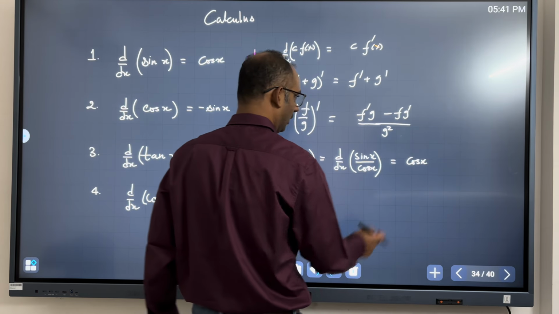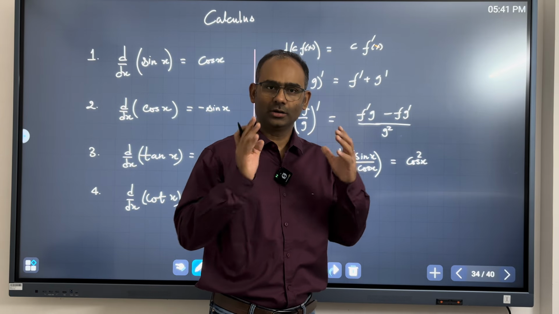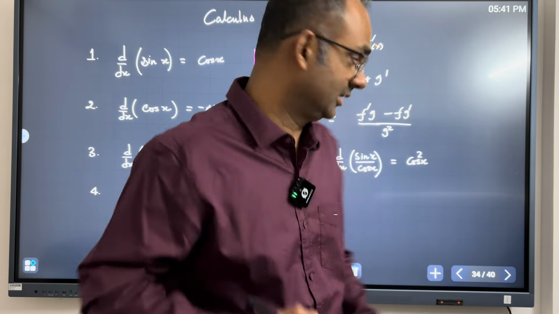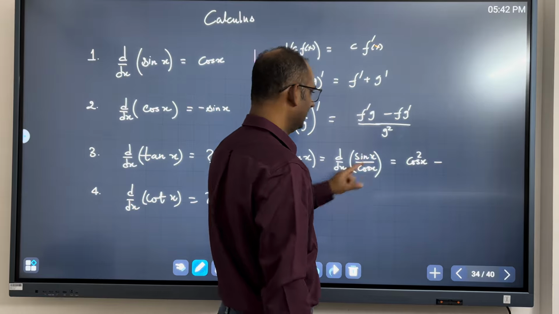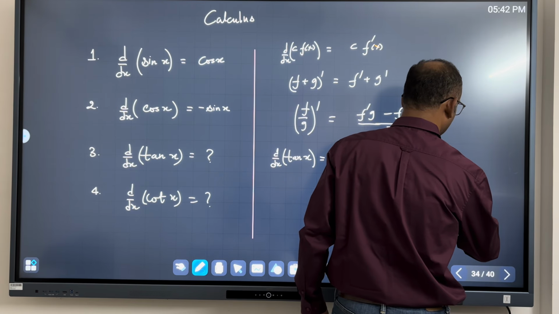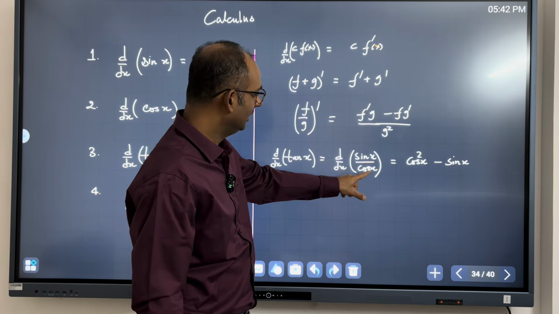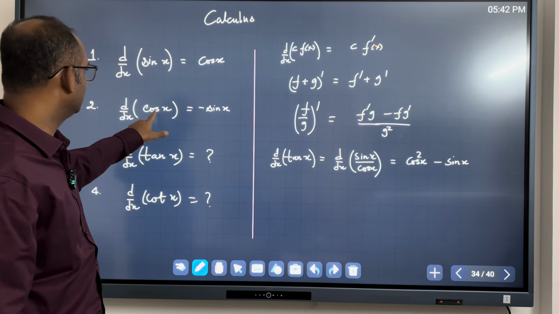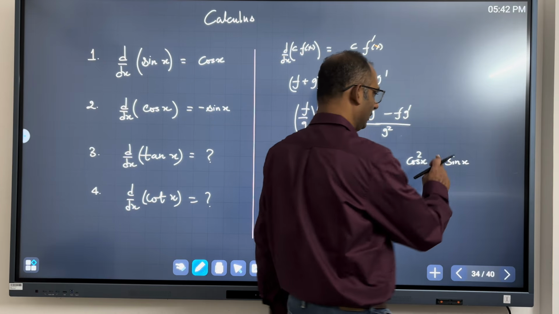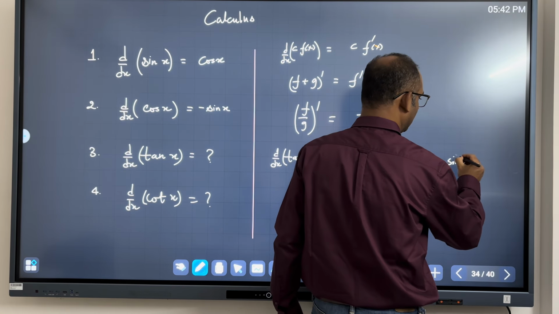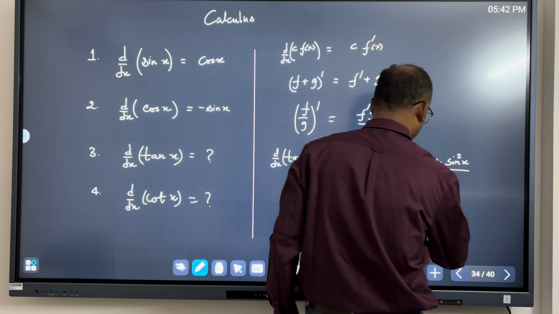So cos x times cos x is cos square x, and remember that cos square x means cos x whole squared. That's a standard notation. Minus the numerator sin x times the derivative of the denominator, which is minus sin x. So minus times minus is plus, and sin x times sin x is sin square x, over denominator squared, so that's cos square x.